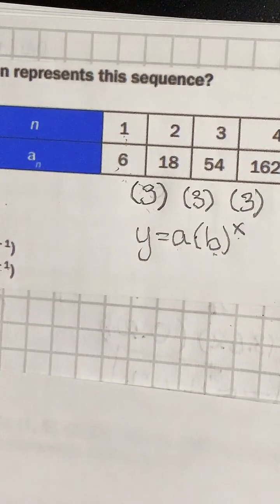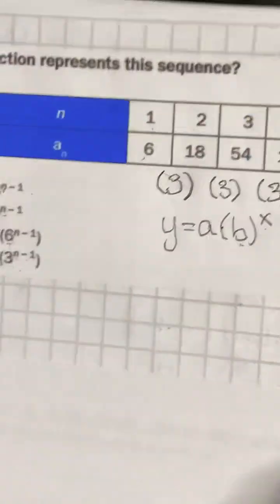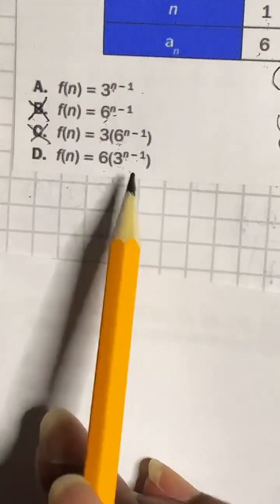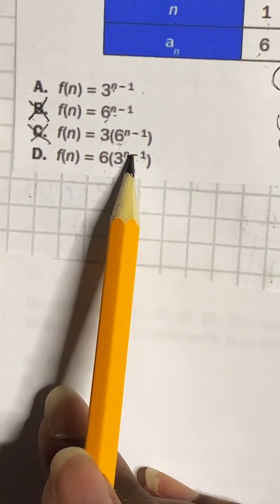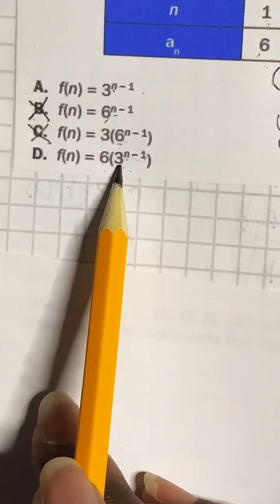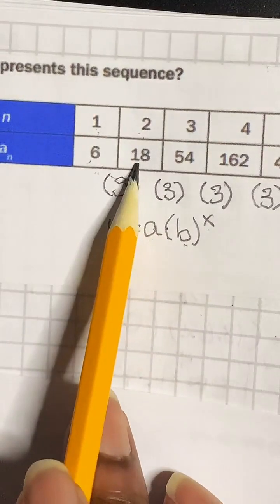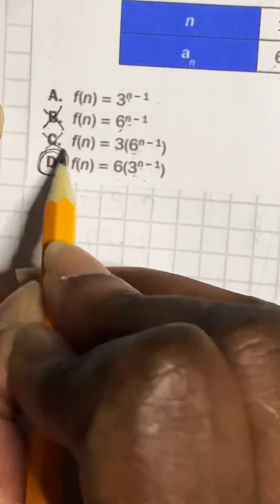Now, sometimes I like to make sure, so I would do it for the second one. If my n is 2, 2 minus 1 gives me 1. 3 to the first power is 3. And 6 times 3 gives me 18. And that's what we have here. So our answer choice is going to be D.